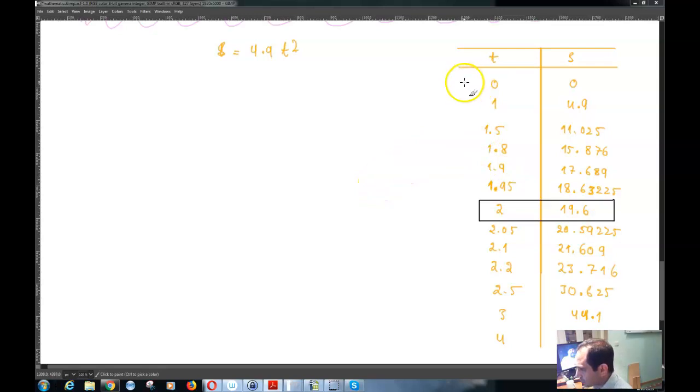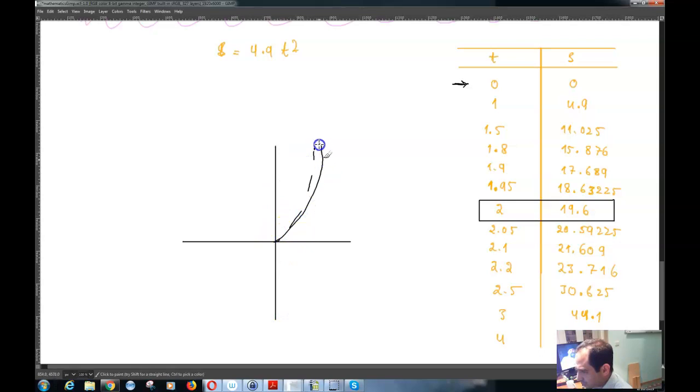So I can start, for example, from here. So this point over here becomes the point that I have down here. This point over here becomes the point that I have down here, and these points become basically the points that I take over here and get closer and closer and closer to this point. So this is basically that point over here.